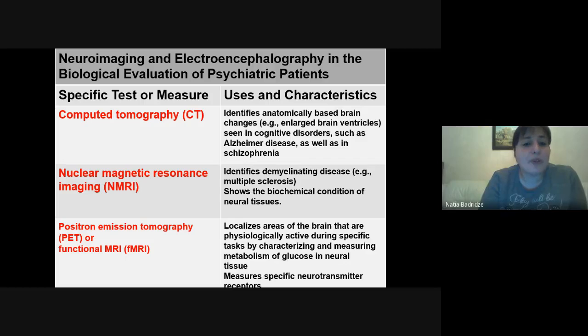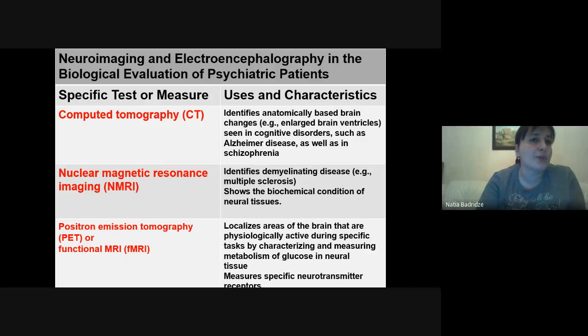Another type of neuroimaging is the PET scan or the functional MRI, which localizes the areas of the brain that are physiologically active during specific tasks. And also it measures the metabolism of glucose in neural tissue. You know that when the neural tissue is active, it absorbs glucose, and the more active the neural tissue is, the more glucose it absorbs.